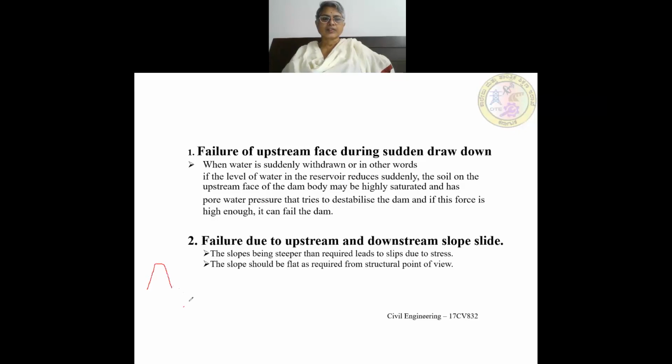It should be flat. If it is flat, it is more stable. If it is steep, what happens? It leads to slips due to stress. The slopes should be flat as required from the structural point of view. These flat slopes are more stable compared to steep slopes. So you have to design the slope as required.